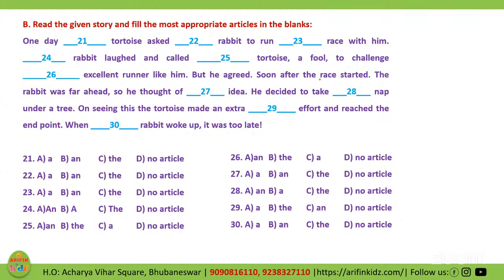No, in English, U is pronounced as YOU, right? Not just U. In modern English, we write U, but in classical English, U is always pronounced as YOU. So it is always a unique.